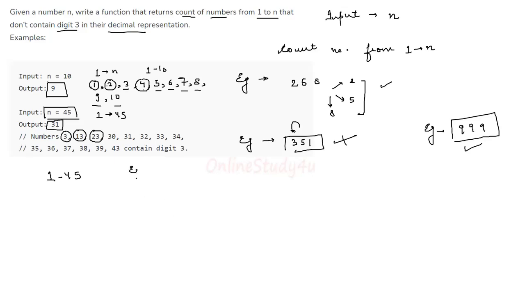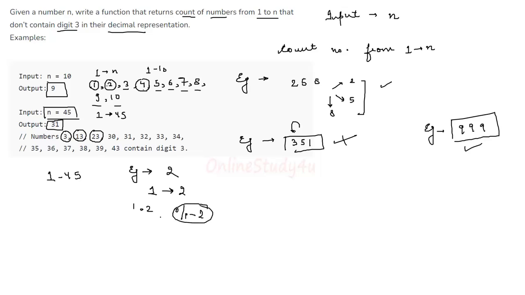Another example, if I'll take, is 2. Just look at this. So when your n is 2, so you have to count numbers from 1 to 2. So what are numbers 1 and 2? Does these numbers contain 3 in their decimal representation? No. So the output will be 2.